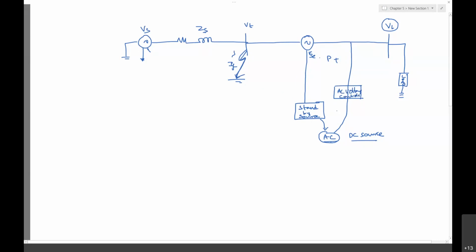But once you go for the AC voltage controller, it again produces harmonics. Even the cycloconverter is the same thing.